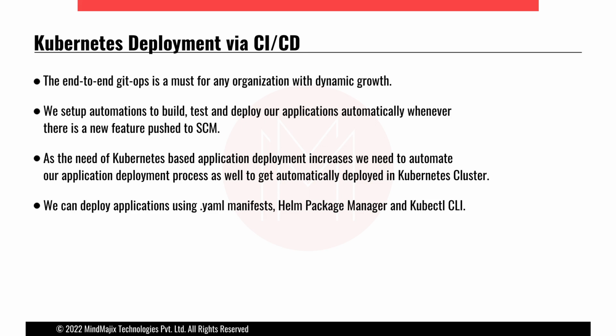Kubernetes applications are basically managed by manifests behind the scenes, and we can use that manifest to deploy our applications, as well as we can use the Kubernetes CLI, which is kubectl. Using kubectl commands we can directly edit the image, and then our applications will get updated.